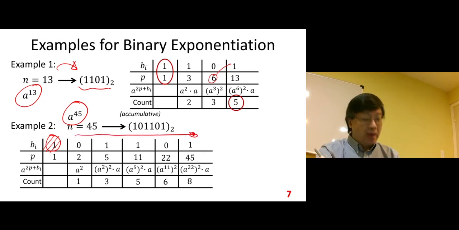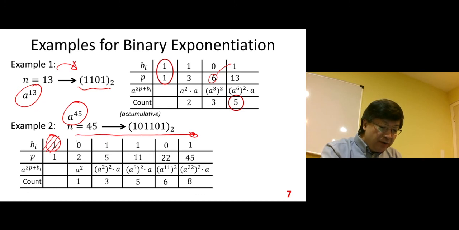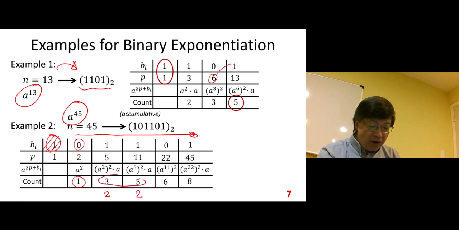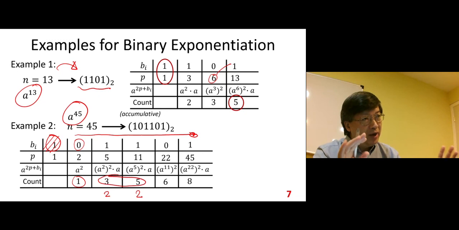All right. When you see 0, then you need 1 multiplication. When you see 1, you need 2 multiplications, because this is a cumulative version. Here we do not do the cumulative version. We accumulate all the numbers at the end, right?